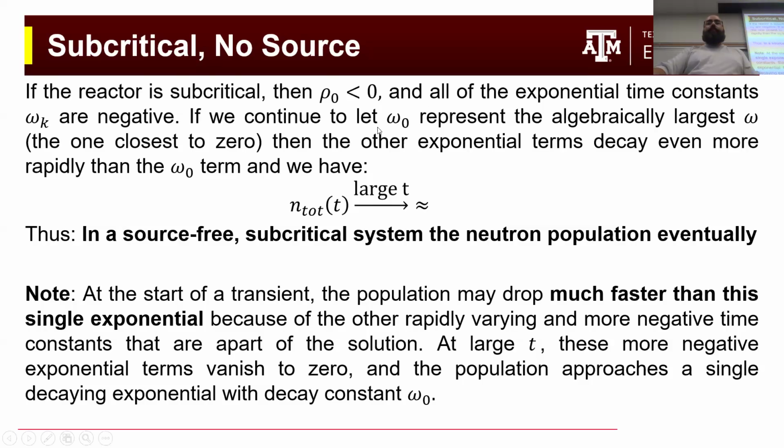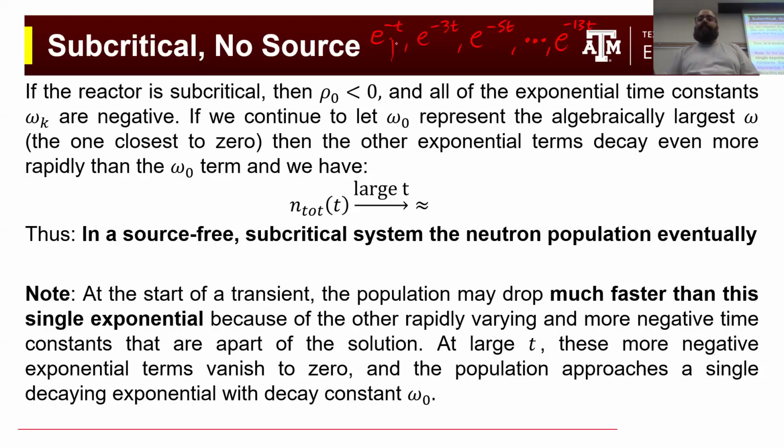And so if we keep omega zero being the algebraically largest one, or the one that's closest to zero, then all of those other exponentials are going to be even more negative than omega zero. Just as an example, maybe we end up with e to the negative t and e to the negative 3t and e to the negative 5t, and we go all the way up to like e to the negative, I don't know, 13t.